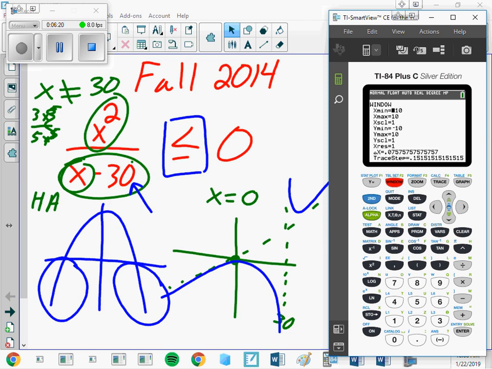So I'm going to go window, and I'm going to go out to, let's say, 40, and then I graph. And I can see part of it, but not the other part. So I need to do zoom fit, which is 0. And eventually that's going to curve back up. It just takes a while.